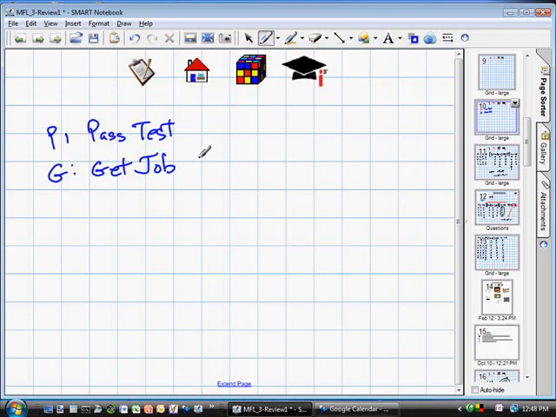Okay, so let's start with that. Now, if P stands for passing her test, and G stands for getting the job, how could we start by writing this statement logically? Alice fails the test, so that would be not P, she did not pass it, or she gets the job.